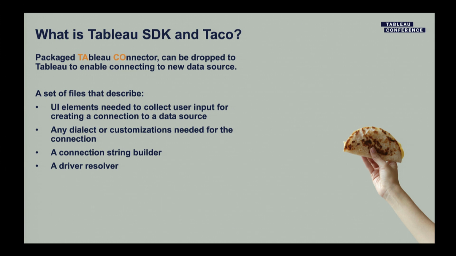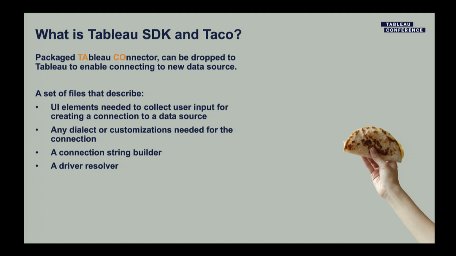Ultimately, these relationships are defined in 5 files that are expected to be part of this connector. In versions prior to 2019.4, which was just released, you would take these 5 files, which I'm about to show you behind the scenes, and place them in a specific directory.